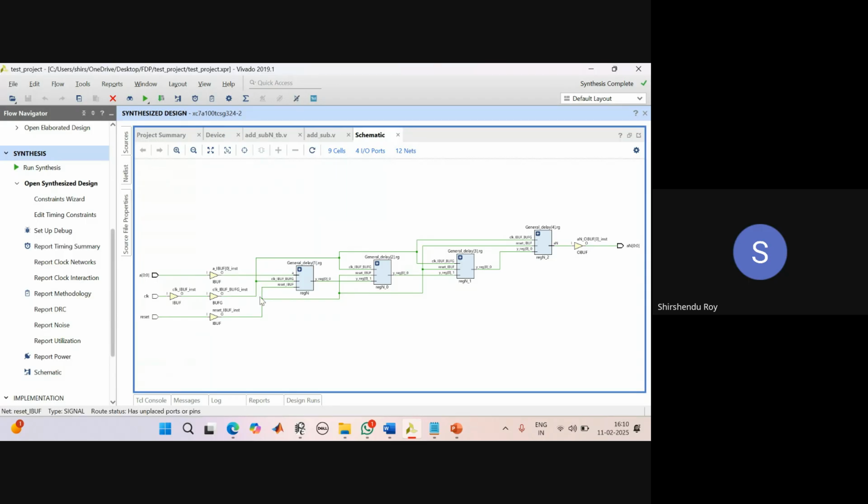So what is the input here? Input is here A. After that, the next input is this one, the next wire, and this way it is connected.